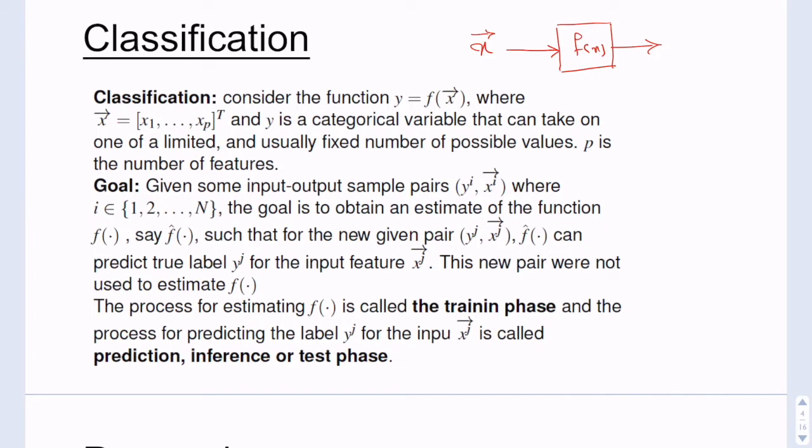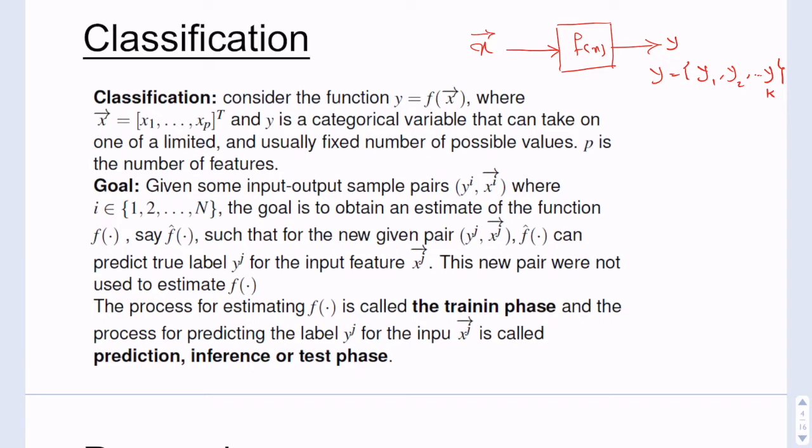which we denote by y. Y is a scalar, and y belongs to a set of k different labels for the input.